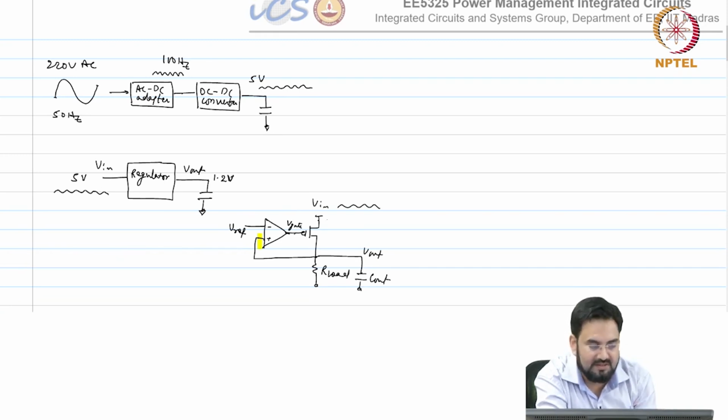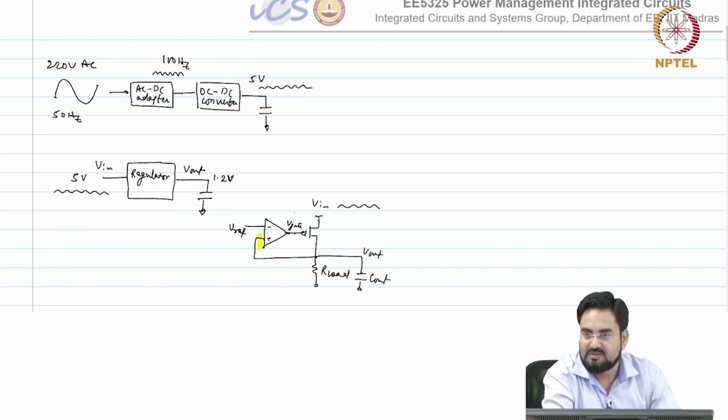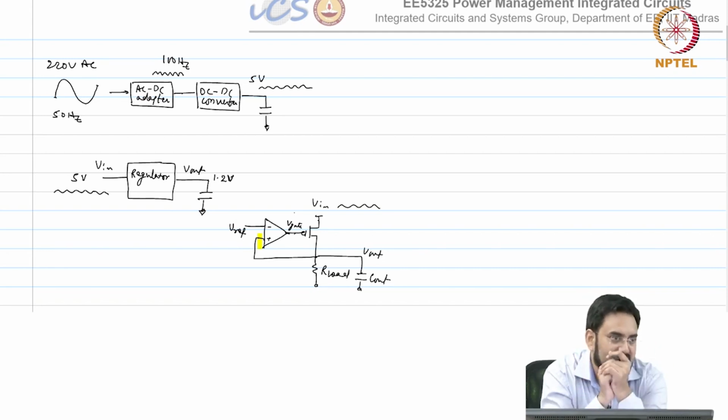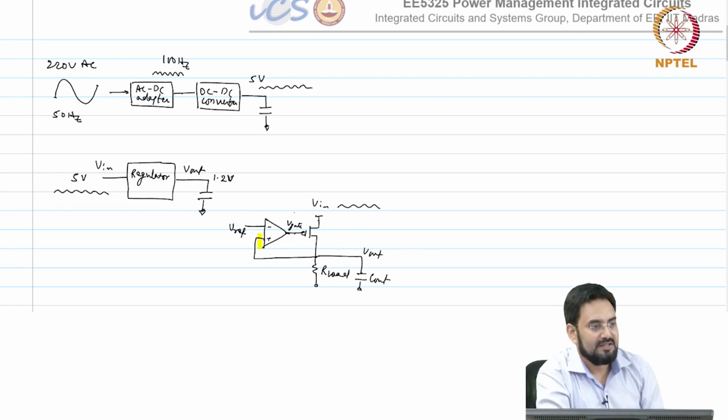So the AC variation across your gate to source remains 0. If they are in phase and have the same amplitude, they will cancel out. That is what the feedback does, but you are limited by the bandwidth. You can track up to the bandwidth of your amplifier.